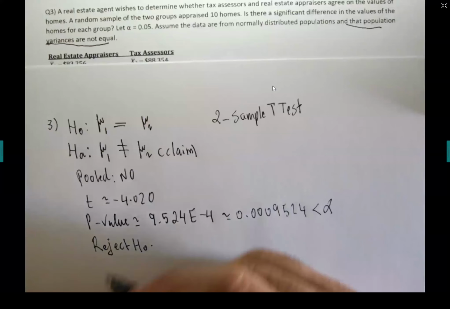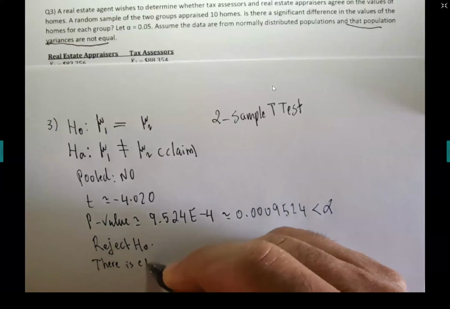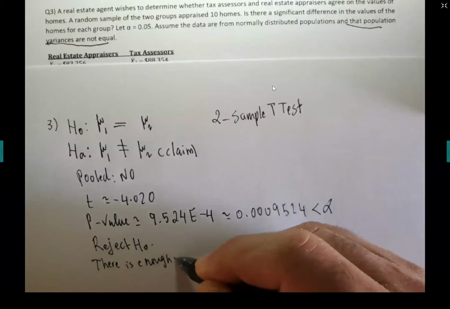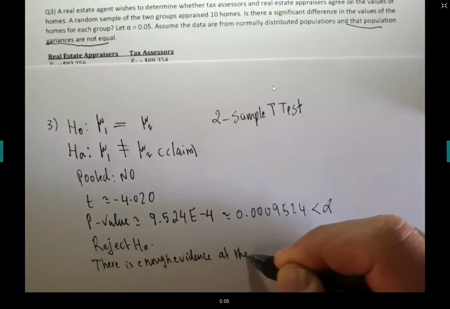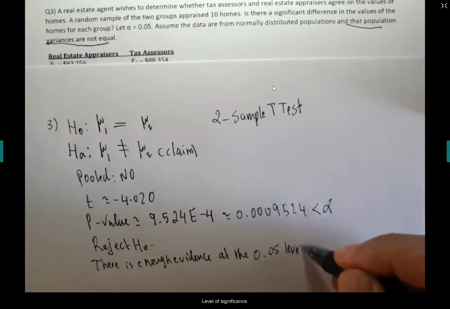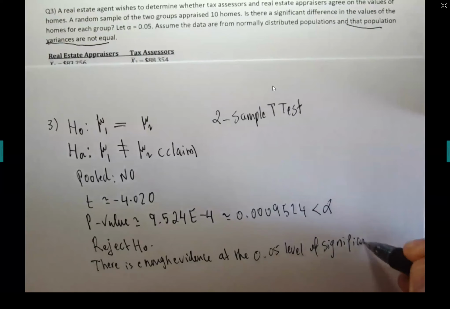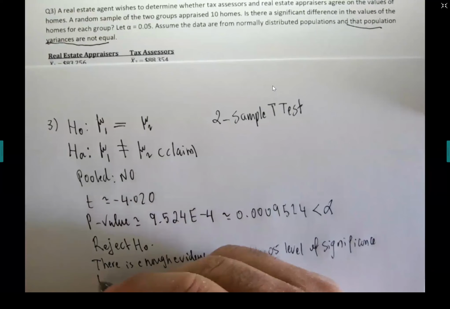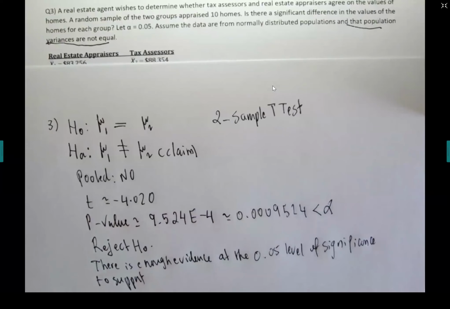So there is enough evidence at the 0.05 level of significance to support the claim that there is significant difference in the values of the homes for each group.